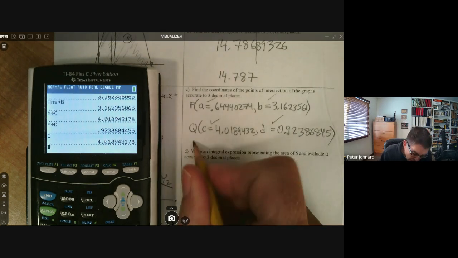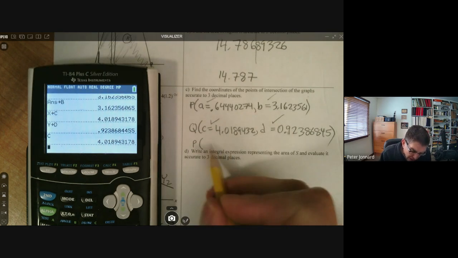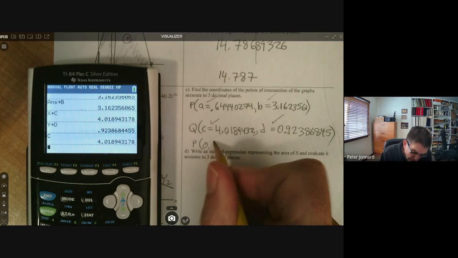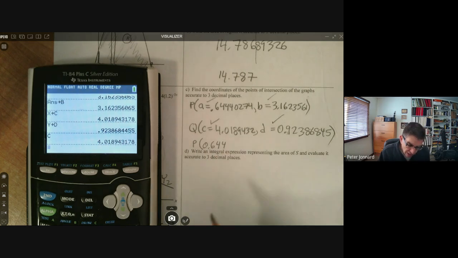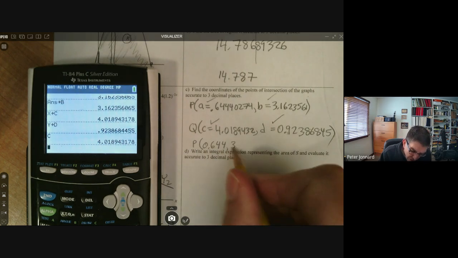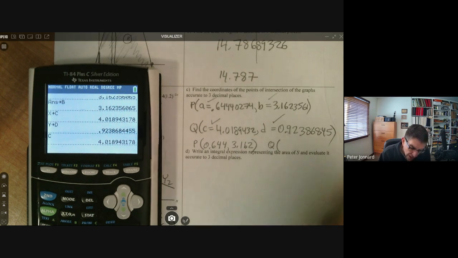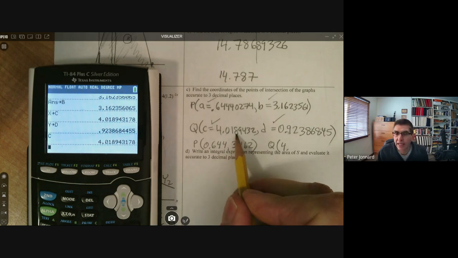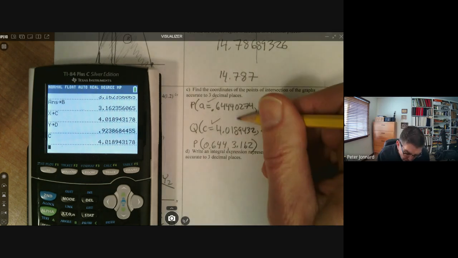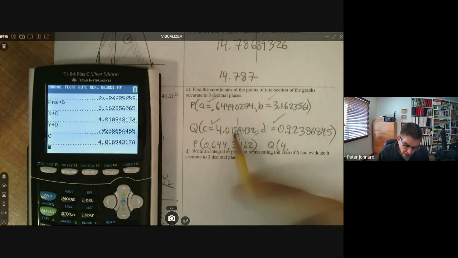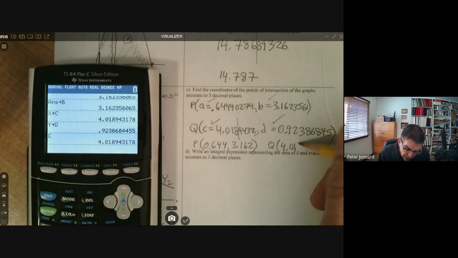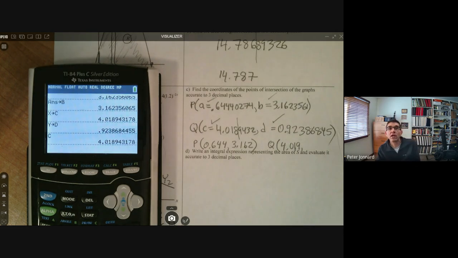If I were writing this down, I would say point P has coordinates 0.644. That's 3 decimal places. 3.162, and point Q is 4.019. If I chop here, that 9 tells this to become 0.019, and I want you to do that on homework.